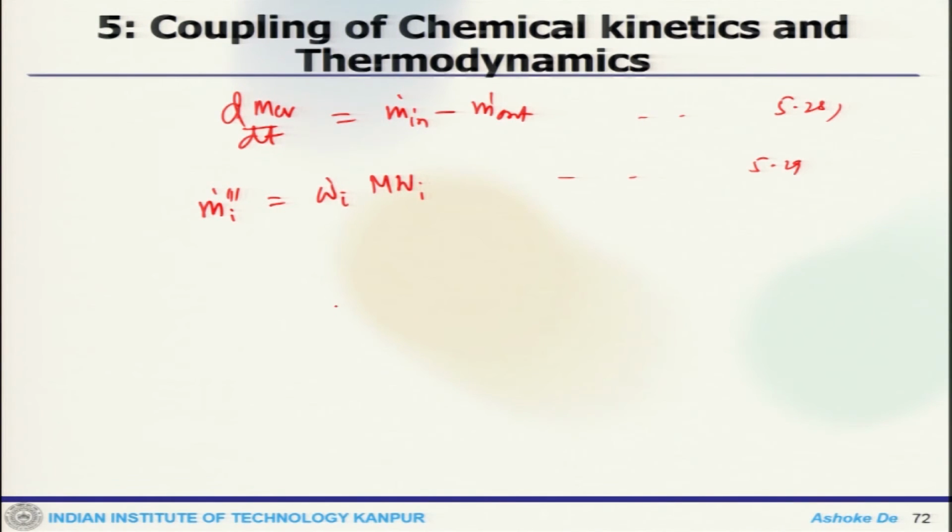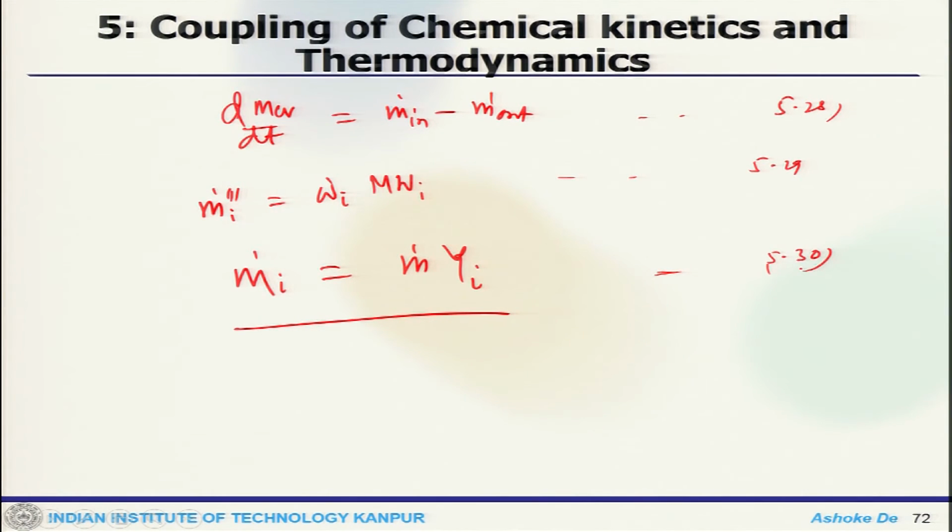Now, ignoring the diffusion flux, one can write that m dot I equals m dot y I. So, this is by ignoring the diffusion flux. Now, one can apply equation 5.27 to the well stirred reactor, and the time derivative on the left hand side disappears for steady state.